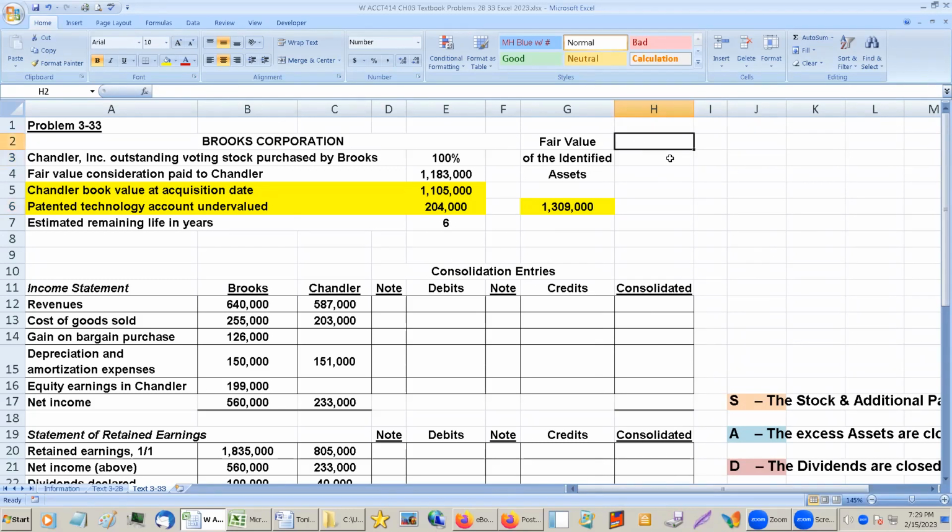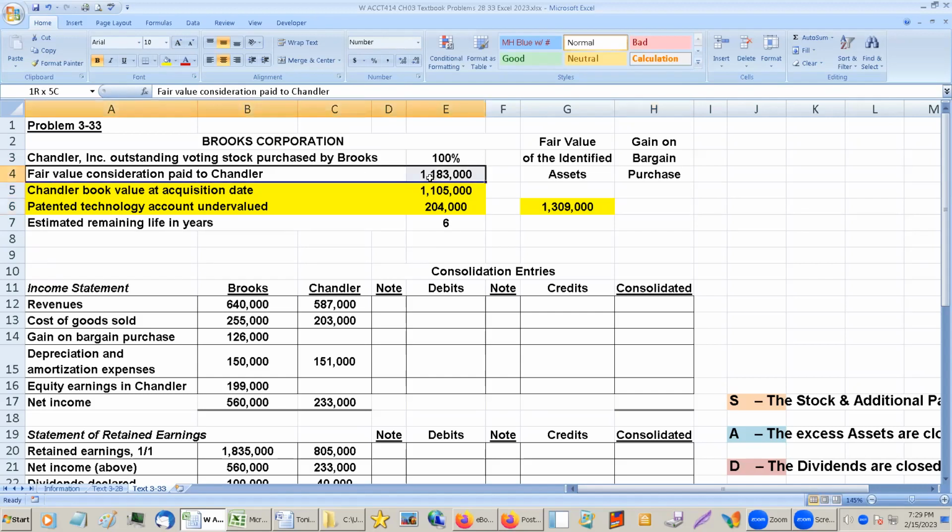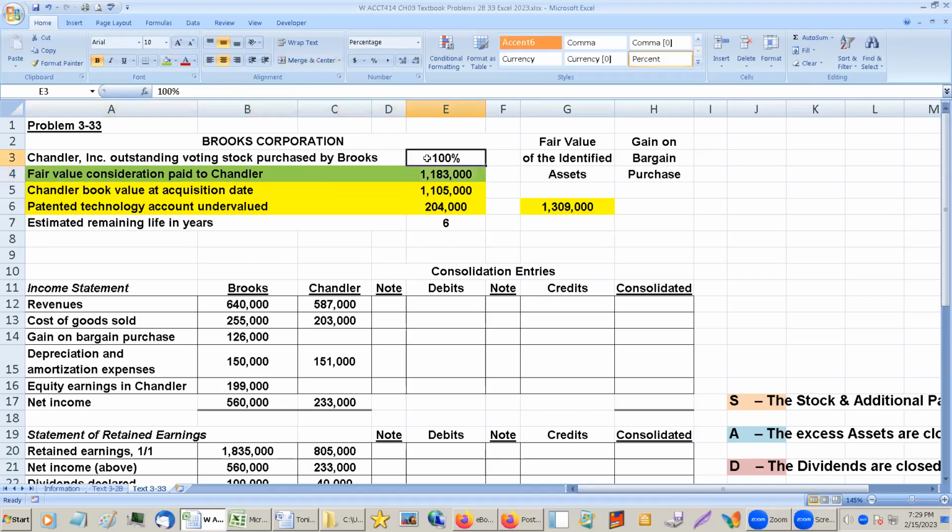I should say gain. Of how much? Gain is 126. 26, yeah.